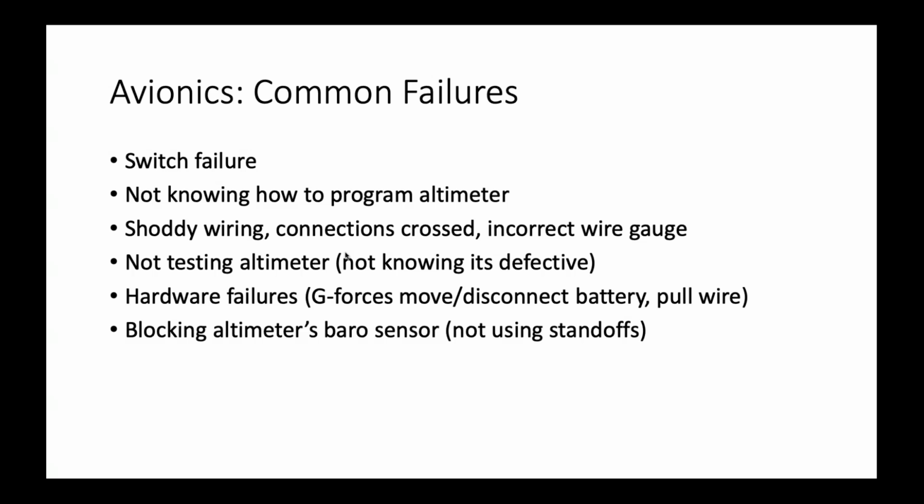If you have, say, a rotary switch bought off of Apogee for $4 or $7, I forget the price, and you install it in your rocket, and come launch day it fails, so you can't turn on your rocket electronics. You have to come up with a backup plan for that. In the next few slides, I'll go over different types of switches I've seen used and other ones you can use.